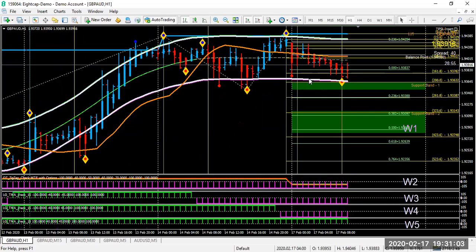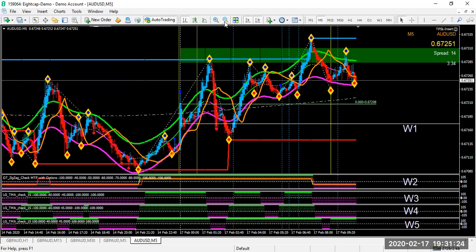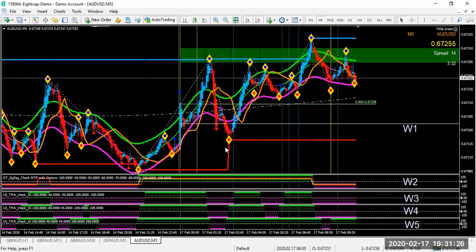once again, whatever we apply to others. So even this gap fitted the criteria. Just an example, the same things that we saw in Pound Aussie apply to other currency pairs.